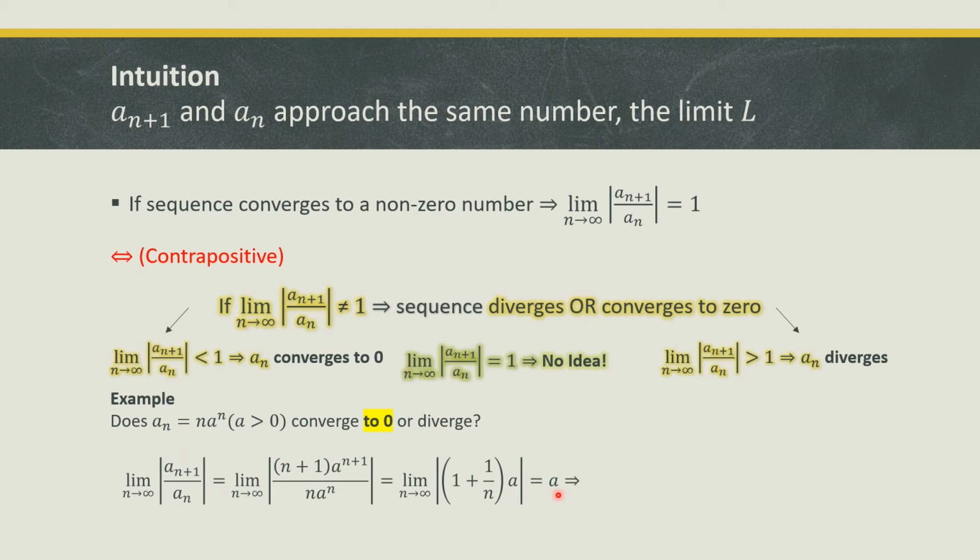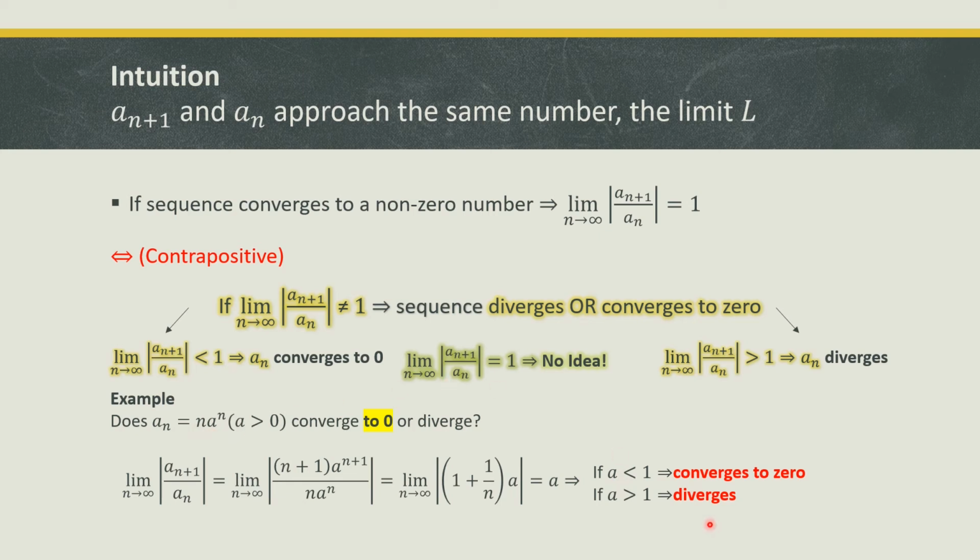And so the convergence is also the same as the previous slide. If a is less than 1, it converges to 0. And if a is greater than 1, this sequence diverges. Again, we see that a determines whether this sequence diverges or converges.